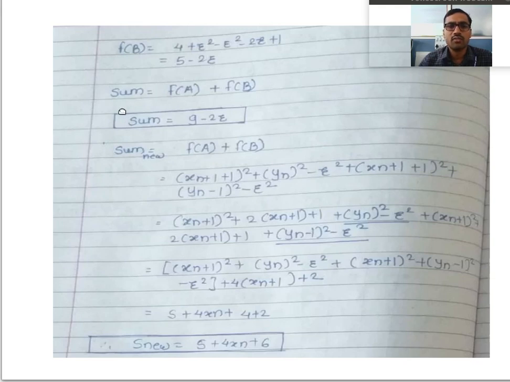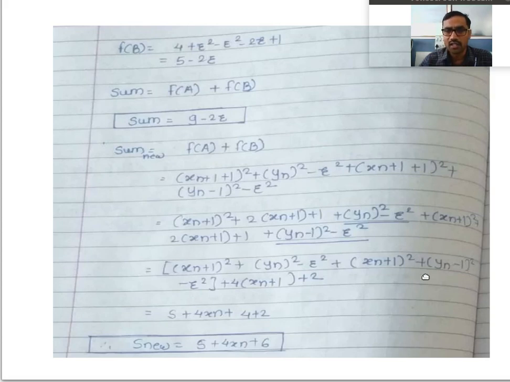So sum is given function of a plus function of b. Function of a is 4 and function of b is 5 minus 2r, so it is 9 minus 2r. So new sum we can find with general equation function of a plus function of b. We can find out this as function of a is added with function of b equation, and solving this we will find this with this particular arrangement.